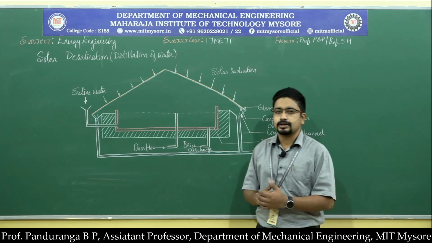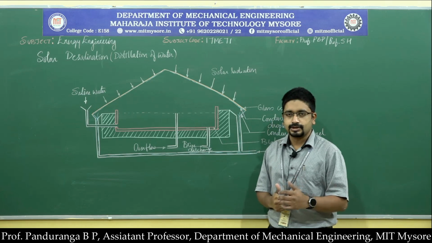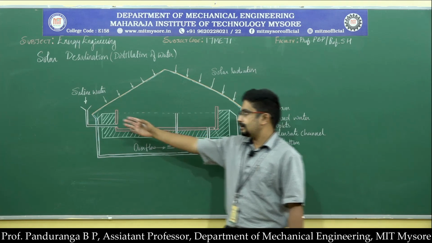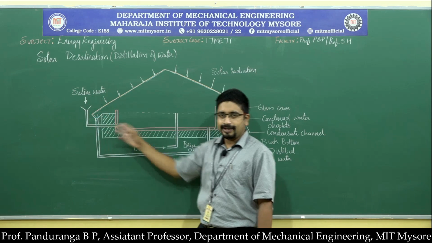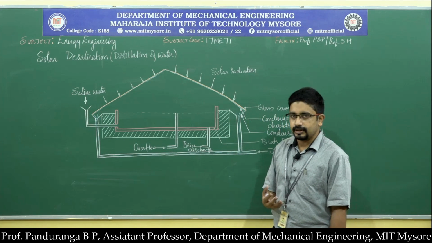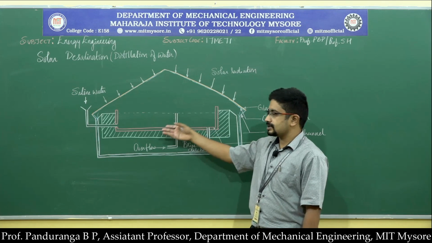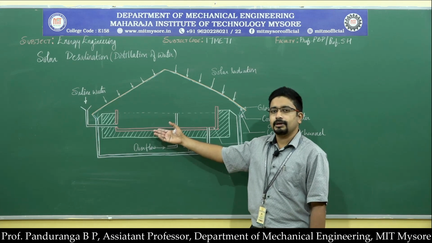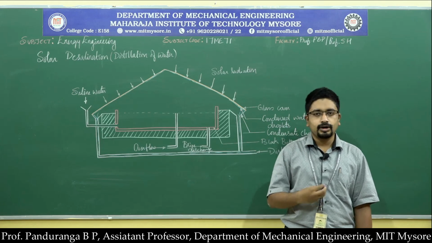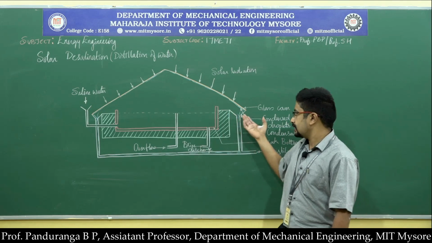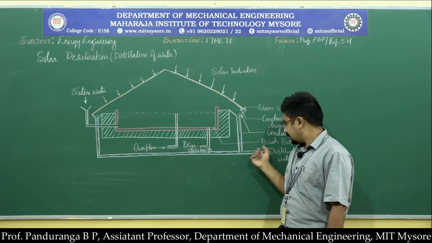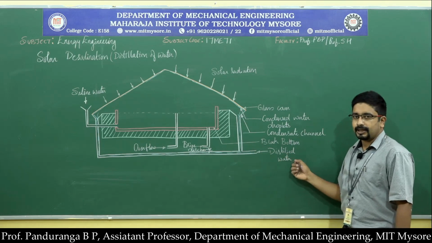which is the highly concentrated salt solution, from the shallow tank, and then again the saline water will be added. During the daytime, whenever there is sunshine, the energy will be absorbed by the blackened bottom, and that will transfer it to the saline water, where the water gets evaporated and collected in the condensate channel, and from there the distilled water will be taken out.